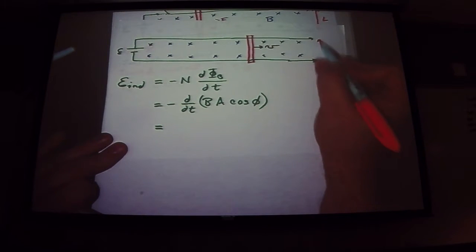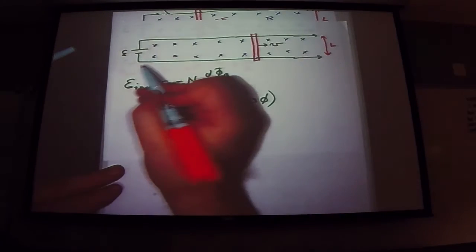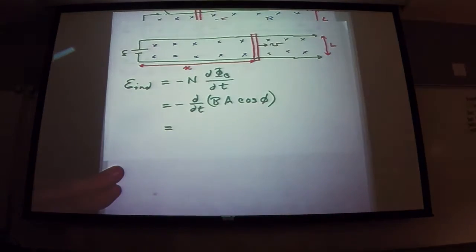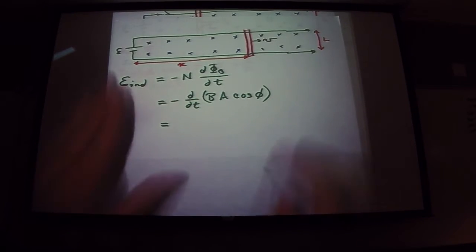Let's say that this distance is L, capital L, and let's define this distance here as x. I don't really know what x is because that's going to change. All right, so now let's start writing this out.